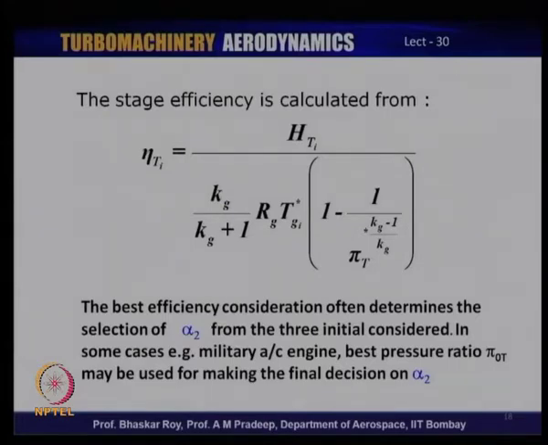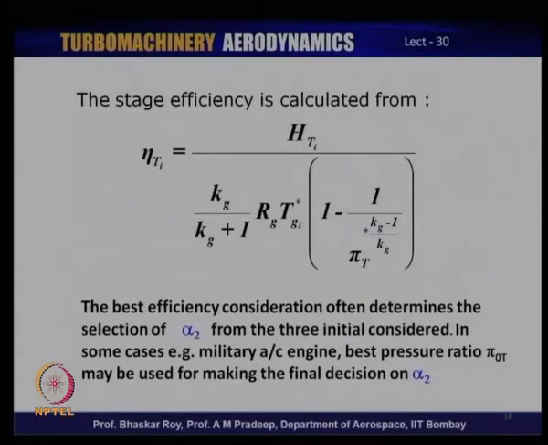In some cases, that is, if you have a military aircraft engine, it is possible that best pressure ratio, which we had done in the last slide, may be the deciding factor, and a slight sacrifice in the efficiency parameter may be made, especially if it is a military application engine.